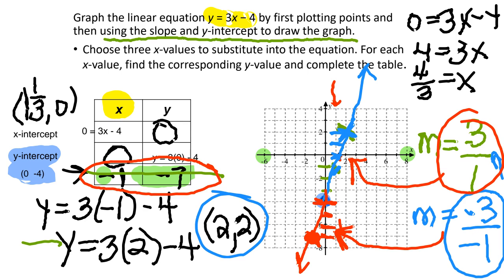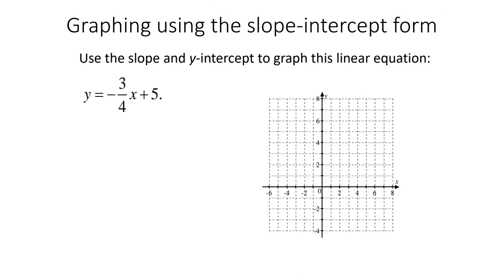Now, this may not make sense to you until I do another one. And let's show you what I mean. We are only going to graph using, there's no table here. We are only going to use the slope and the y-intercept to graph. Okay.